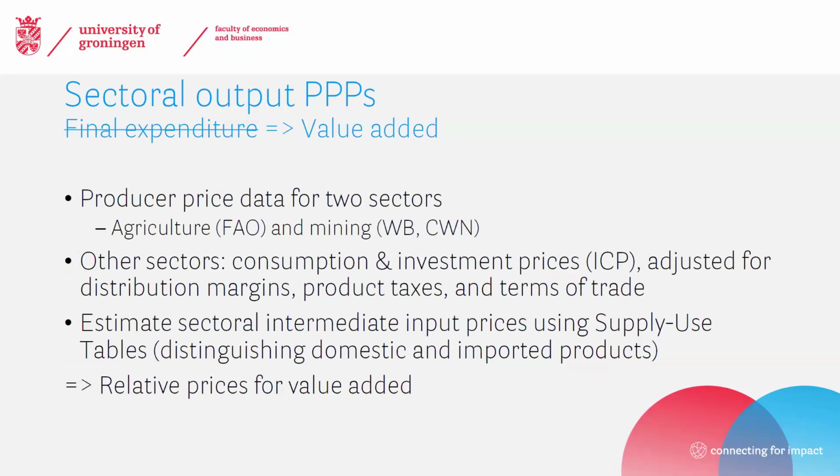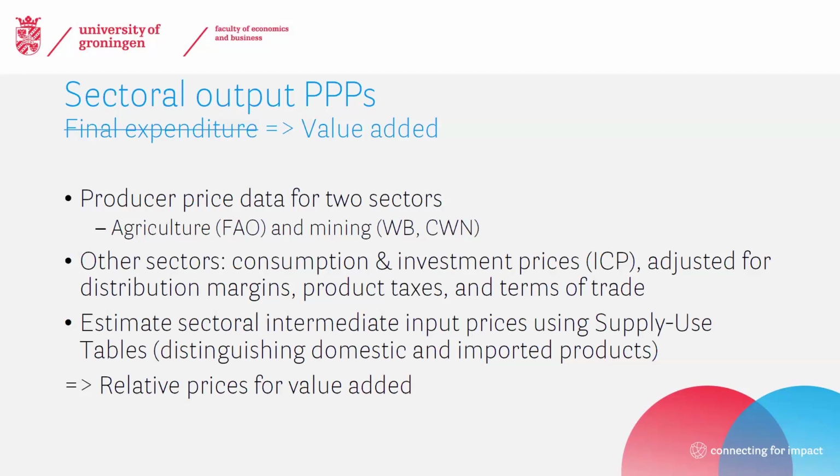As said, one of the key things here is moving to a value-added price concept. And again, this is not conceptually a major step forward, but organizing this material is quite an undertaking, I can assure you.